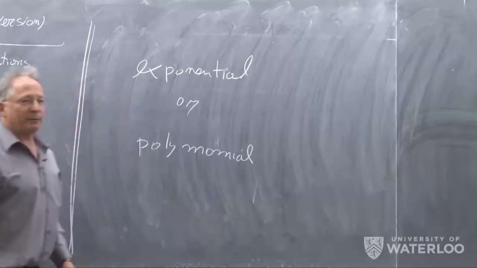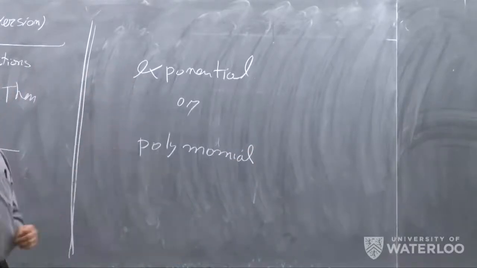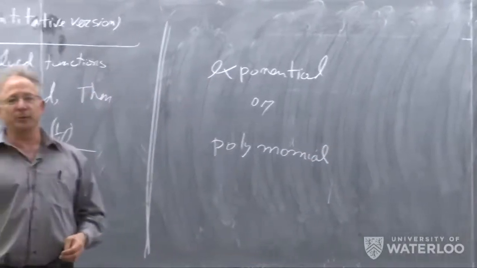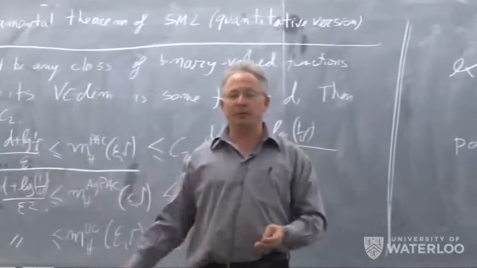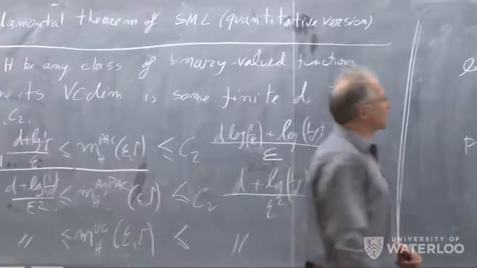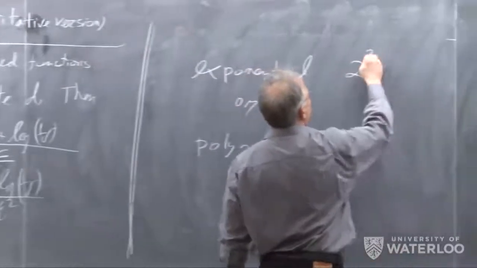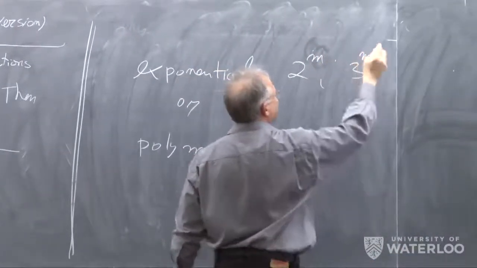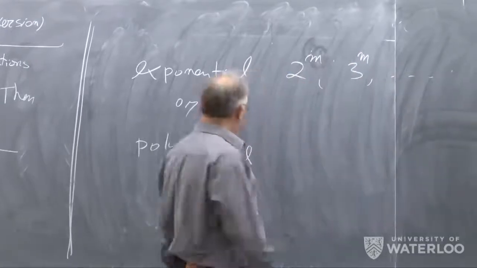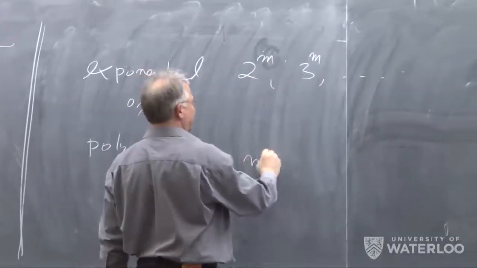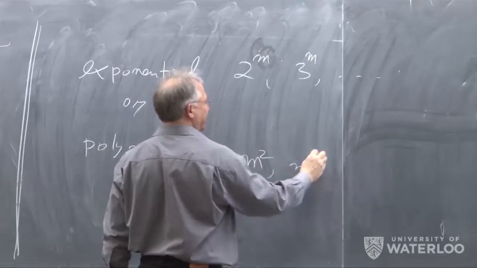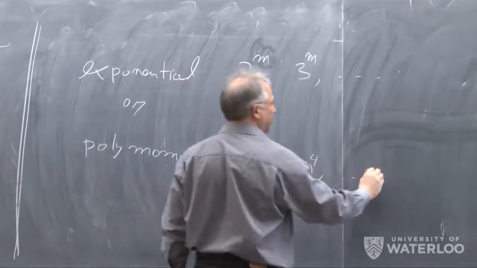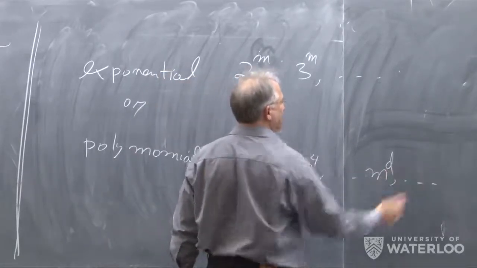But in the reality of mathematics, there could be many things between them. Can you give me functions which are between being exponential and polynomial? So exponential is something like 2 to the m, 3 to the m, and so on. Polynomial is m squared, m to the power 4, m to the power d, and so on.